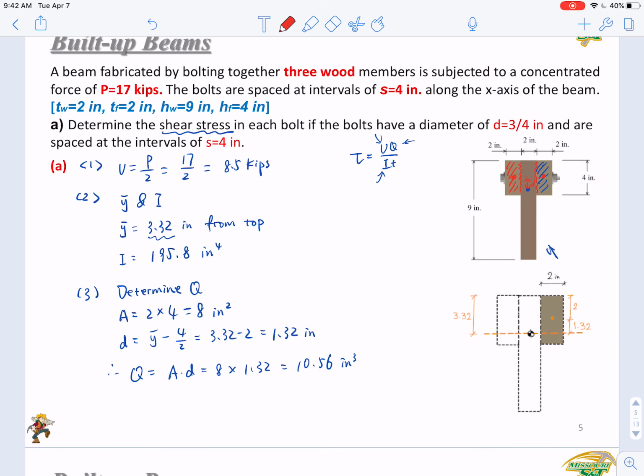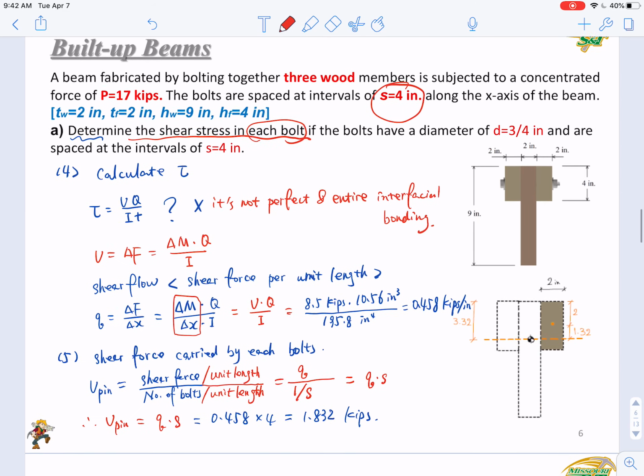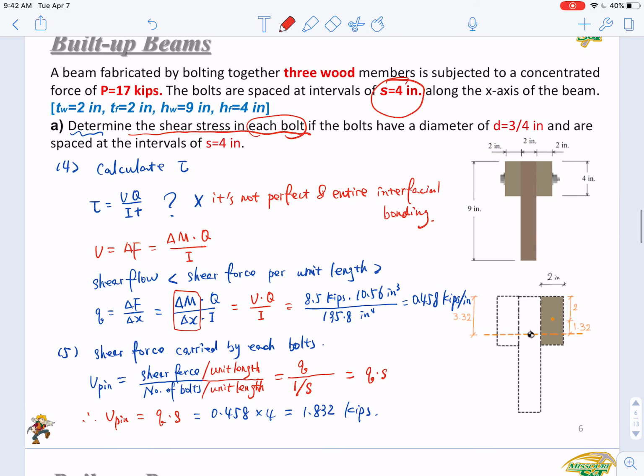Step 1, determine V. Step 2, Y bar and I. Step 3, determine Q. Step 4, calculate tau and q. Then step 5 is to calculate the shear force, and we derived the equation V pin equals qs.